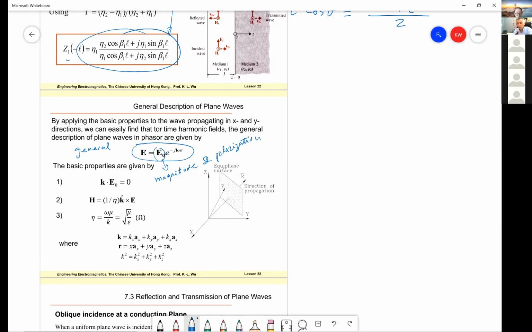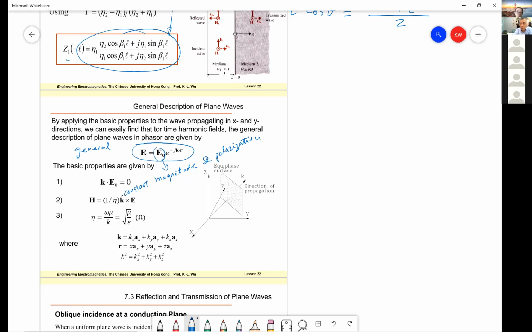It tells you the magnitude, it tells you the polarization direction, arbitrary. But it is a constant. Constant means it doesn't change with time, doesn't change with the location. So it never changes, right?